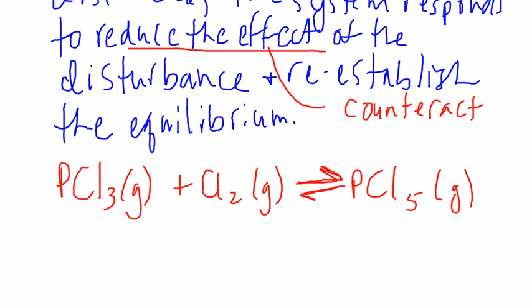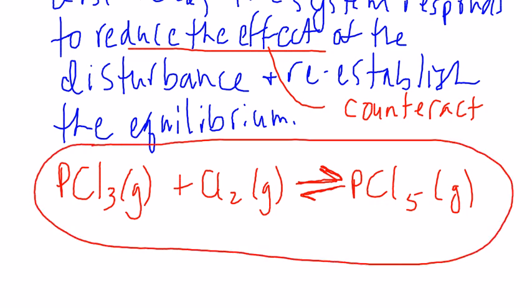Now let's say you take this reaction vessel. It's in a closed vessel. And what you do is you add more chlorine gas to the system. If you increase the chlorine gas's concentration, the system responds to reduce the effect of that disturbance.